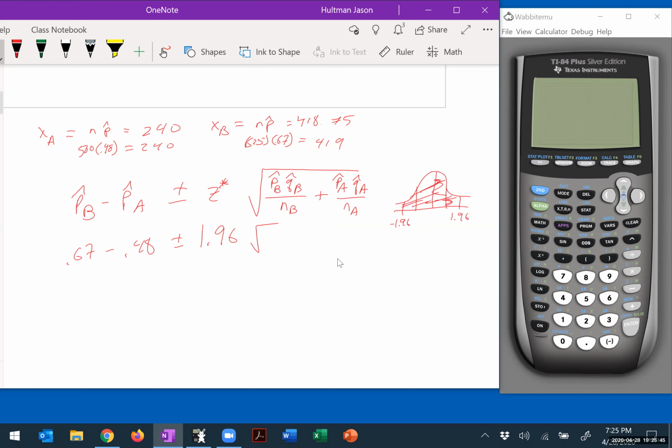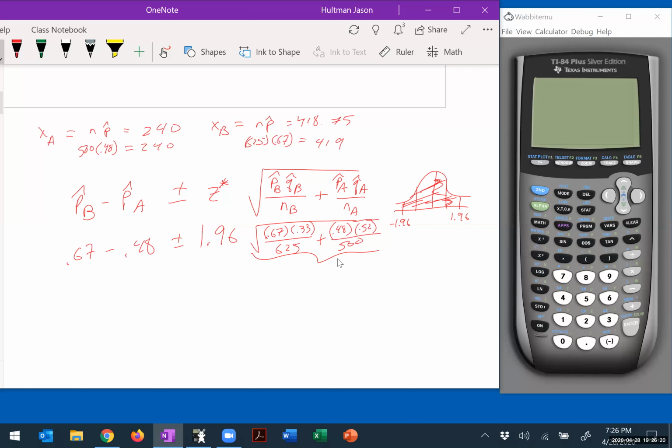Times the square root. What's p b? p b is 0.67 times q b. What's q b? q b would be 0.33, all over n b. What's n b? n b would be 625, plus p a, that's 0.48, times q a, which is 0.52, all over 500.